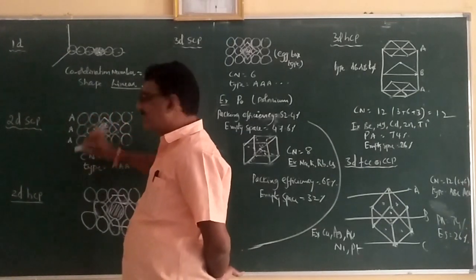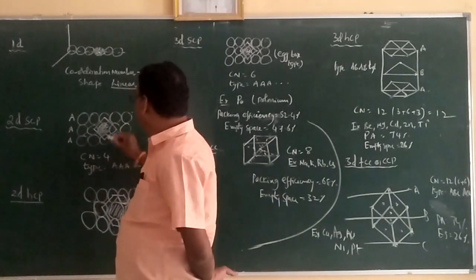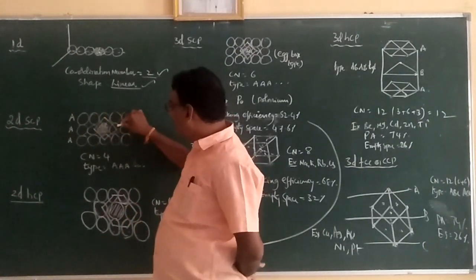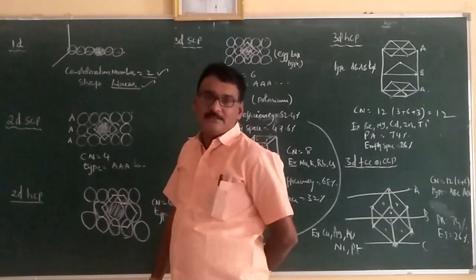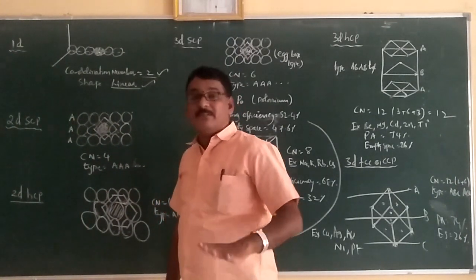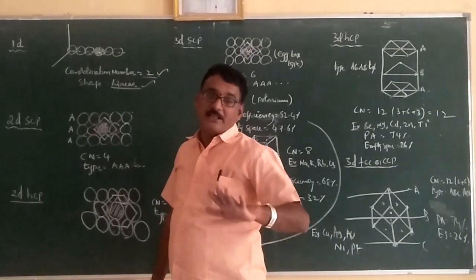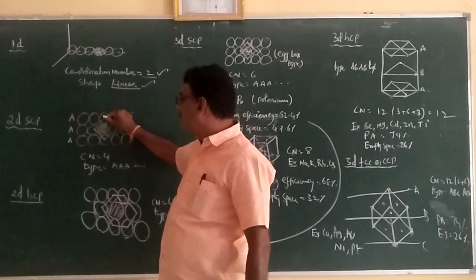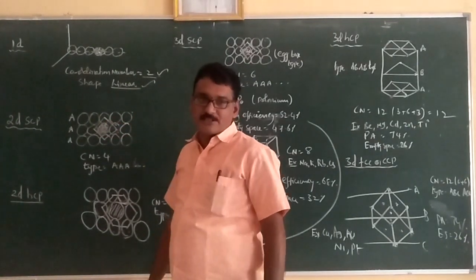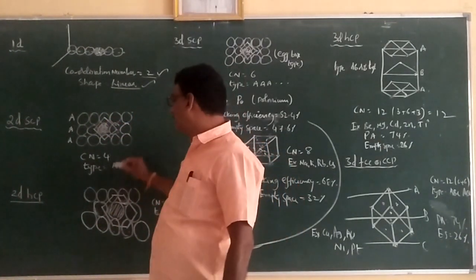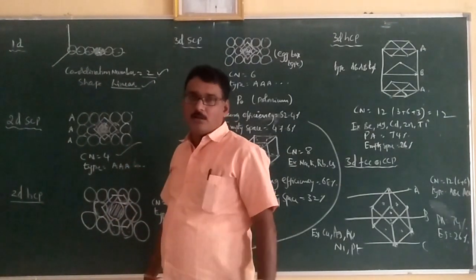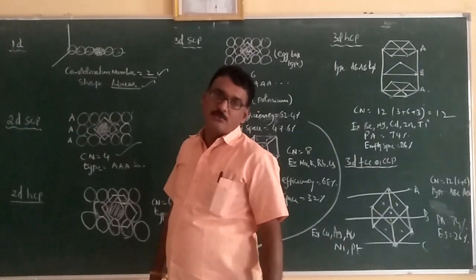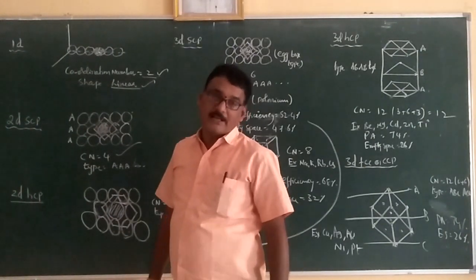In these layers, the middle sphere I have taken touches four other spheres. The layers are all the same, but each sphere touches four others. Therefore, the coordination number is 4. This is A type, the square close packing.